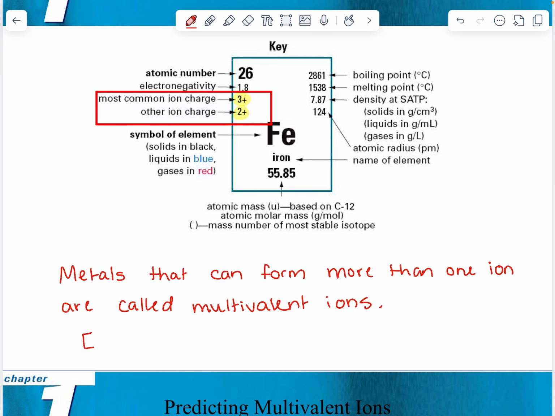And so an example here is iron. Iron has 2 possible charges. It could be either Fe3+ or Fe2+.